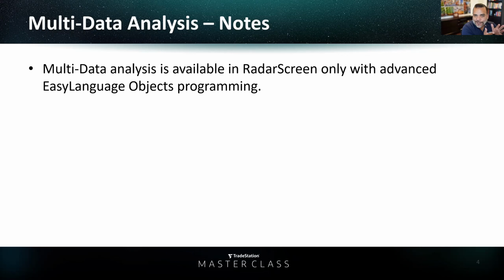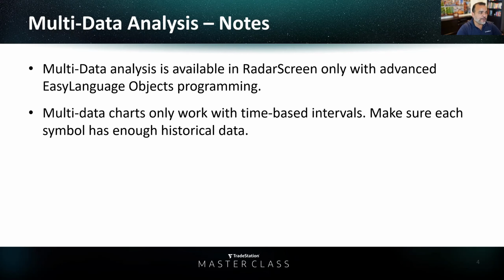It'd be great if you could do that, right? Reference all these rows into an indicator. However, there are some studies that reference multiple symbols, but they use advanced EasyLanguage objects programming. We're going to take a look at an example in Radarscreen where you can introduce a separate symbol that is not the symbol in the Radarscreen row.